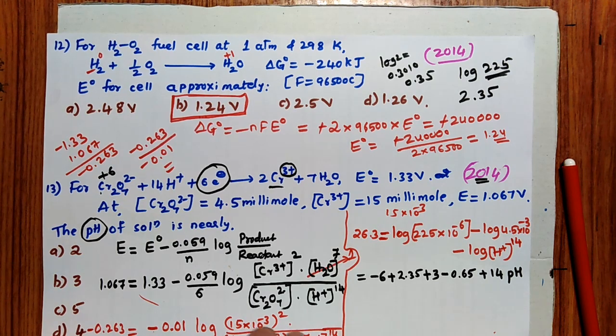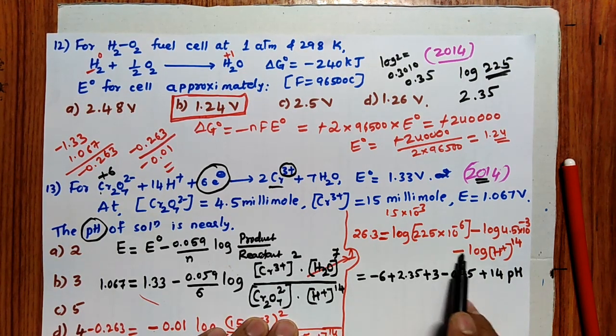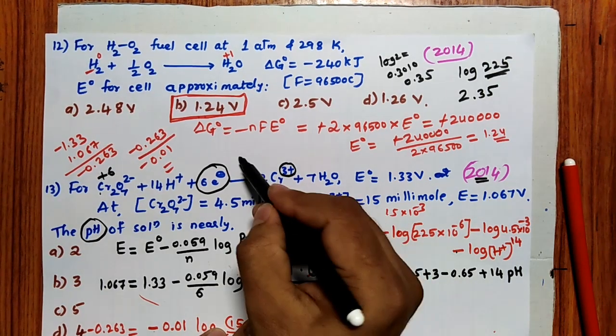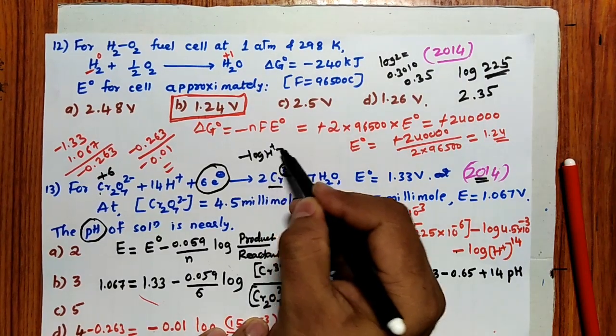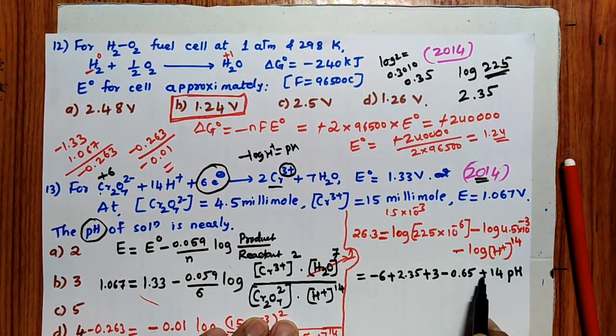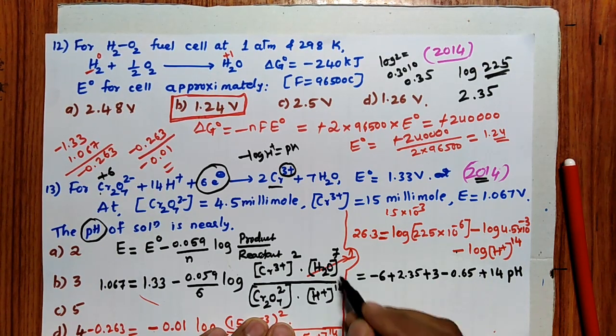Correct? Why have I written that? See, this becomes minus 14 log H plus, correct? Minus log H plus is what? pH, correct? We have discussed this in the equilibrium chapter. So pH. Hence I have written plus 14 pH, which is equal to 26.3.